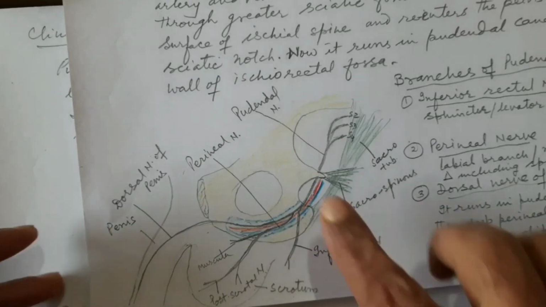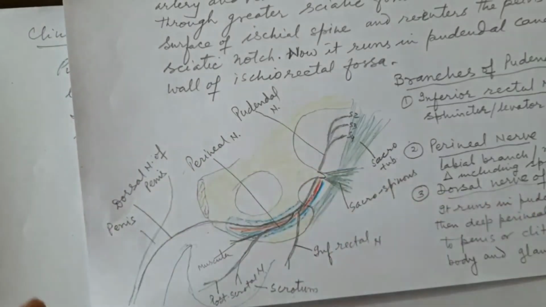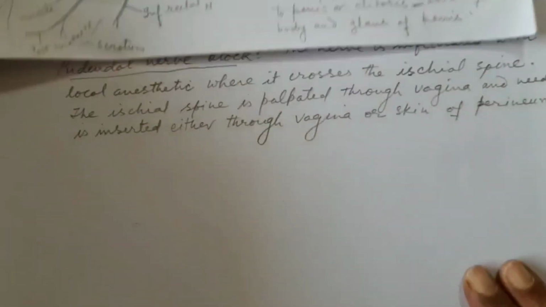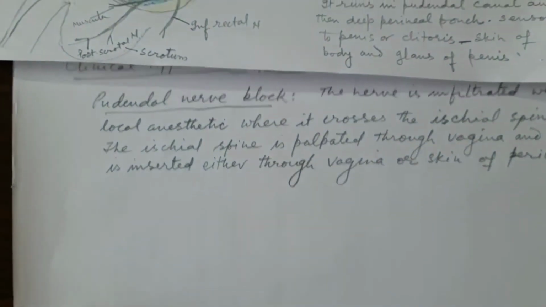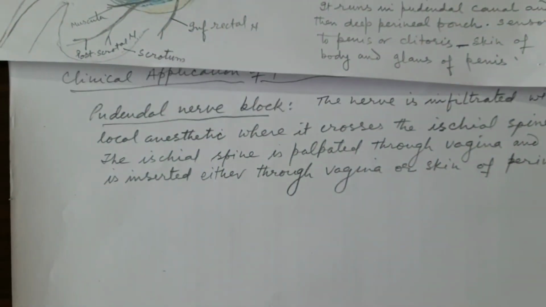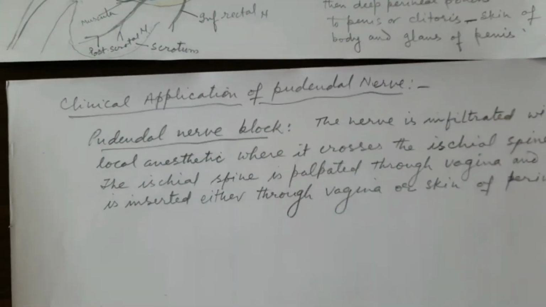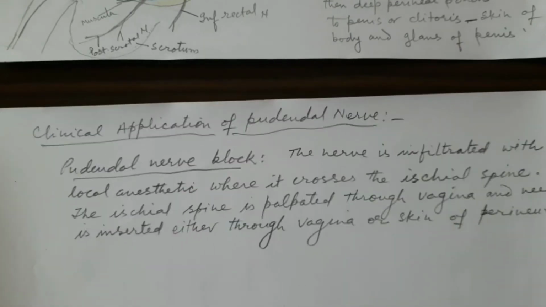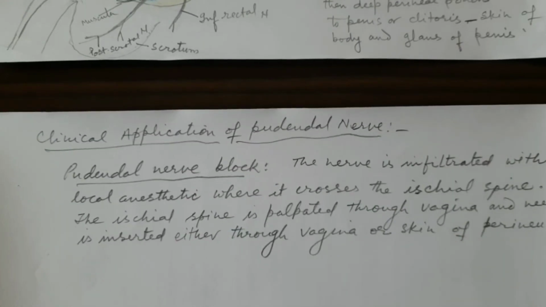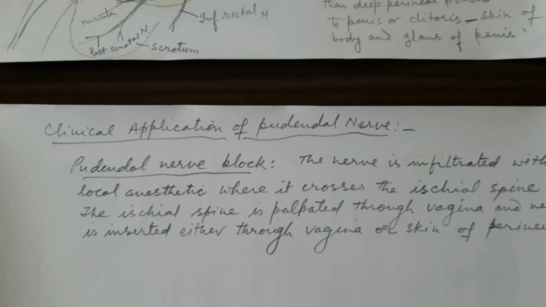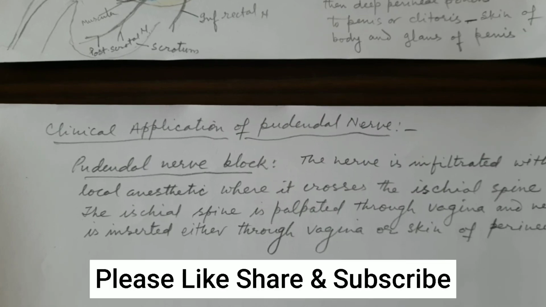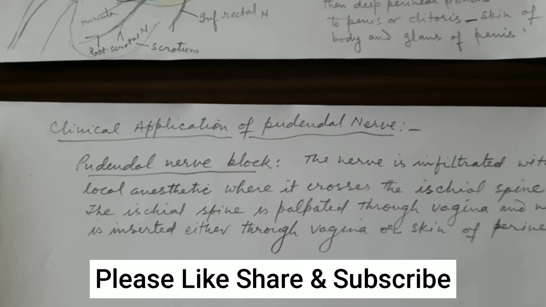Just pour the anesthetic agent in this area of the ischial spine, and for that one needs to first feel the ischial spine. And how can you feel the ischial spine? Just by putting the finger in the vagina in case of female, and then feeling it, and guiding the ischial spine with the help of the finger.